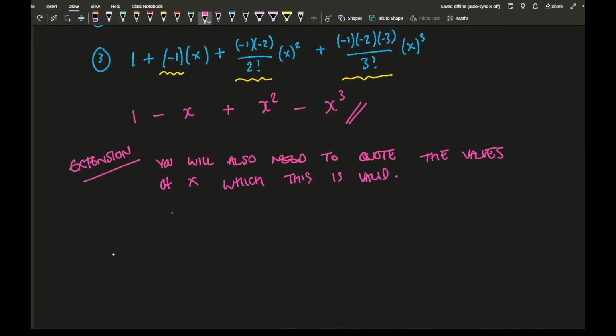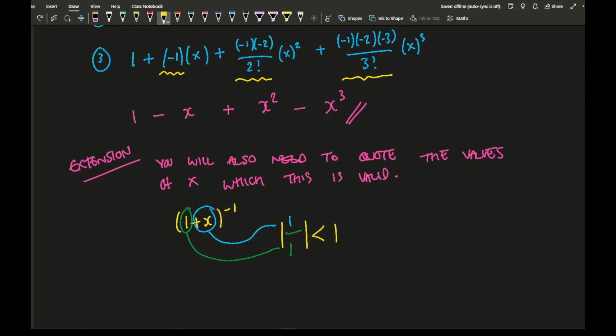So for this we've got, if I took the original question, let's just change this colour, let's go for yellow. So here I've got (1 plus x) to the -1. Now to work out the range for which it is valid, all I need to do is basically take this element here, this coefficient, which is 1. I then take the constant coefficient and have that here, have them all being divided by each other, and then have the mod of both of those, and that is going to be less than or equal to 1.